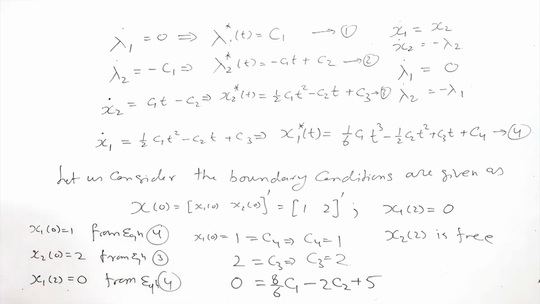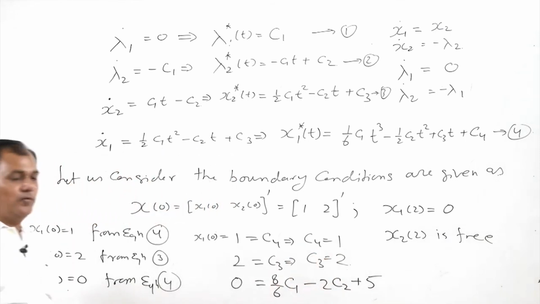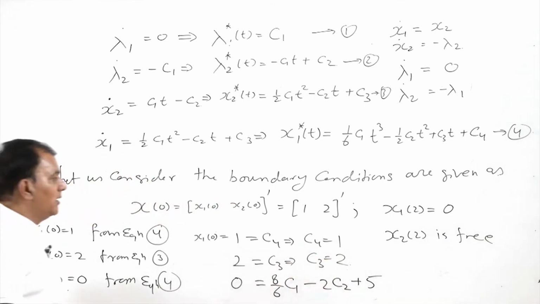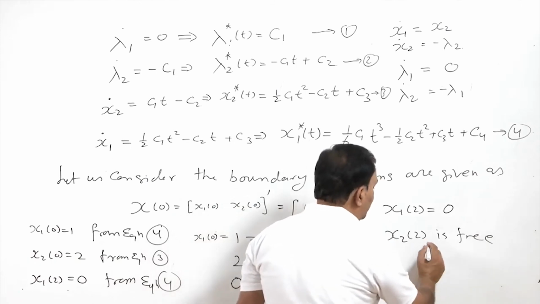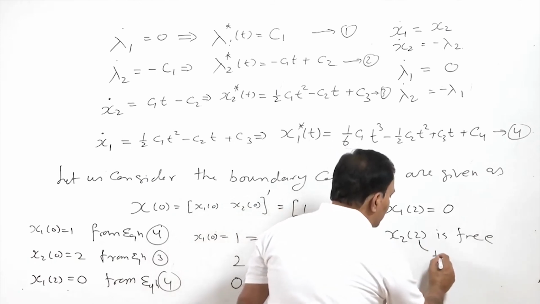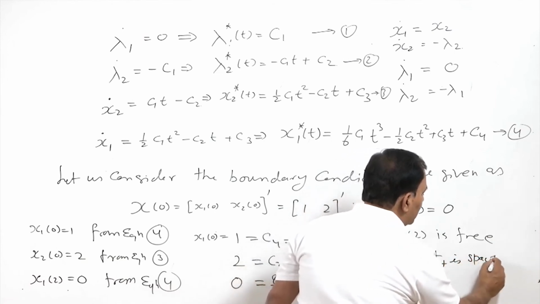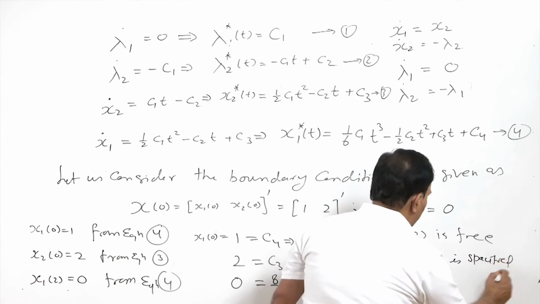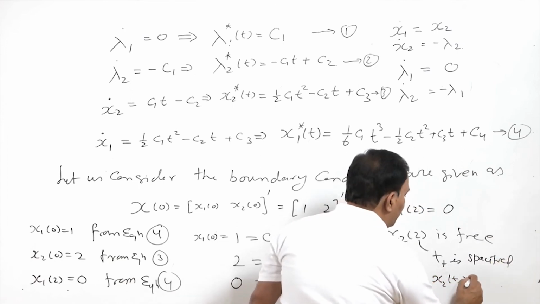Again I need one more equation because I cannot find C1, C2 from this equation. So, I will use this, which is given x2(2) is free. This means Tf is specified and x2(Tf) is free.